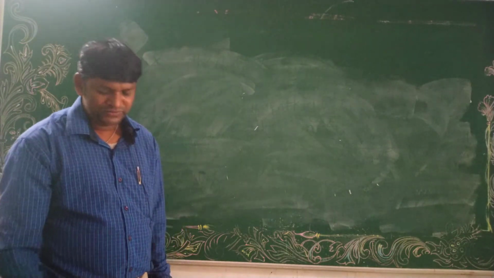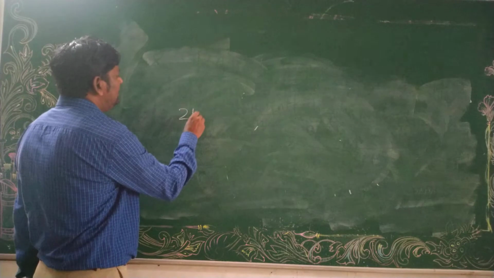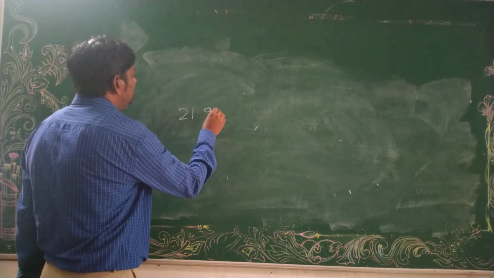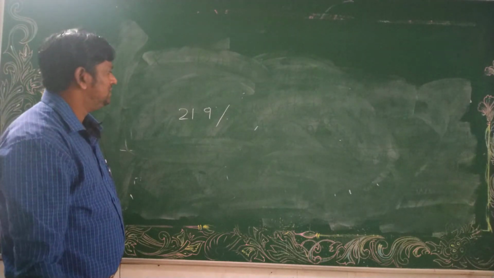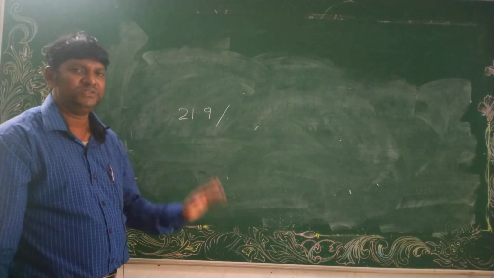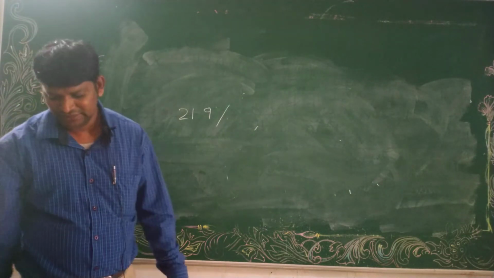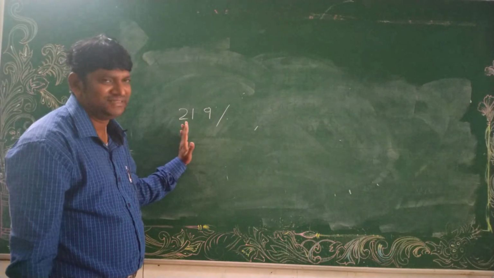In our country, the poverty ratio is 21.9%, according to the 2011 census.